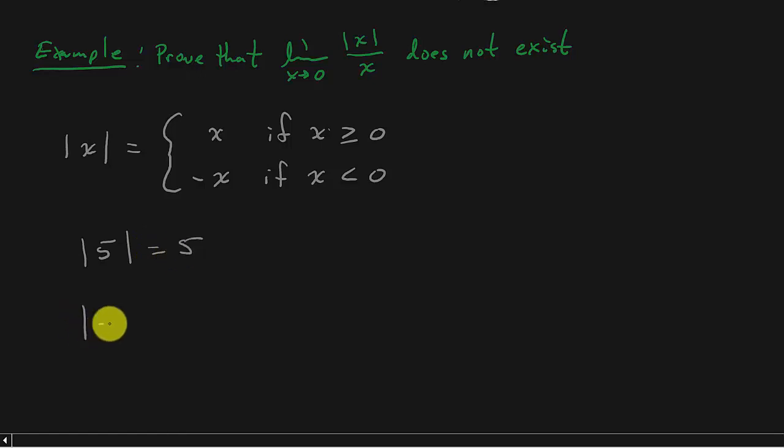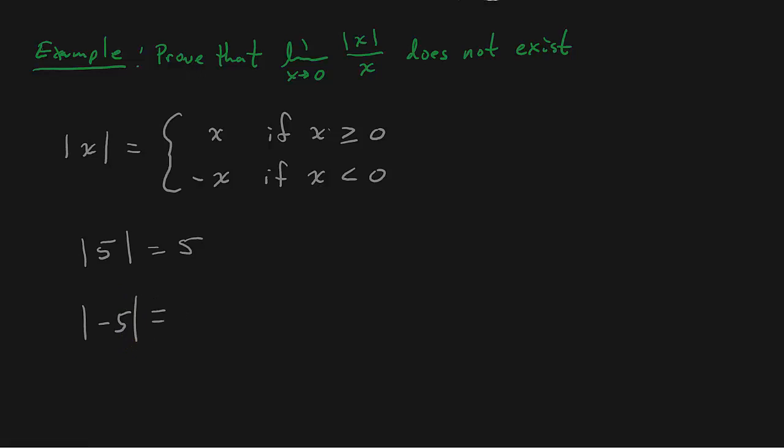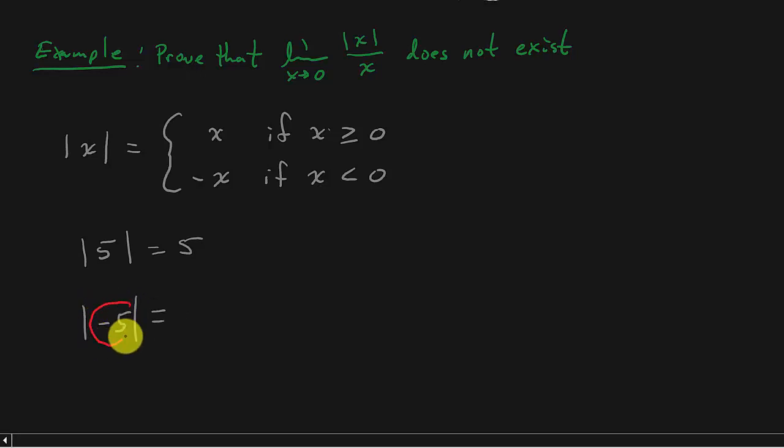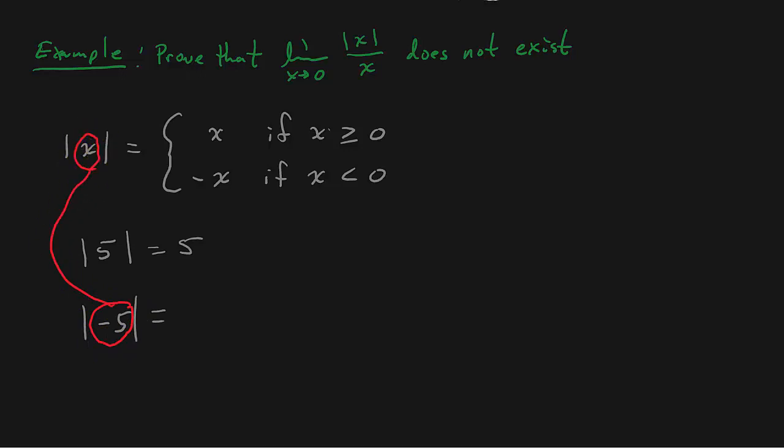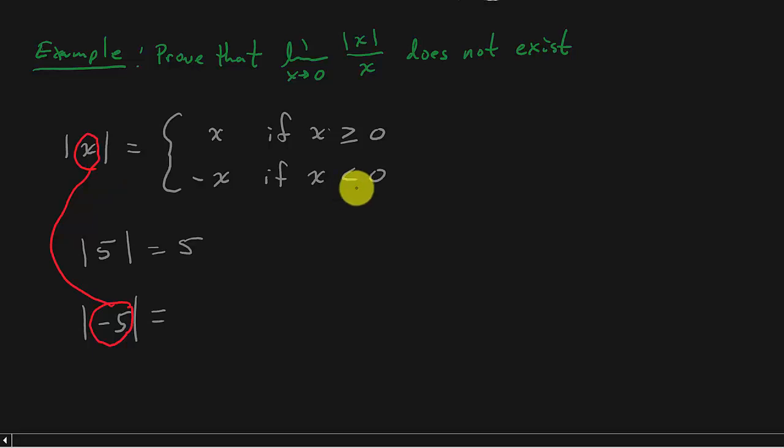Well, if I take the absolute value of negative 5, well, remember, this negative 5 here, that is my x. And you can see my x is less than 0, so I've got to plug negative 5 in for x.